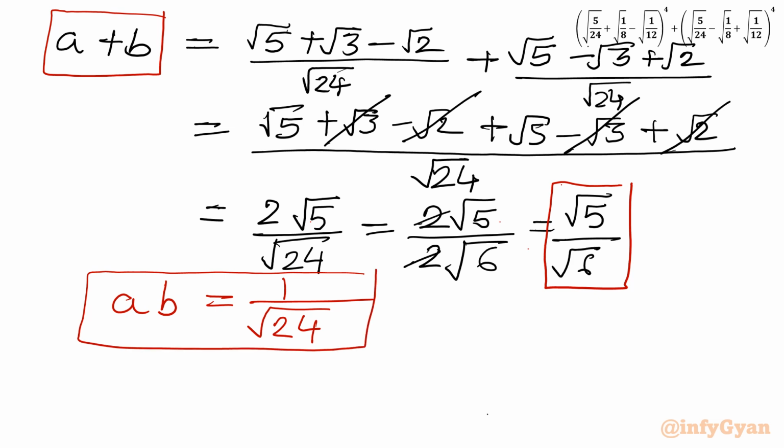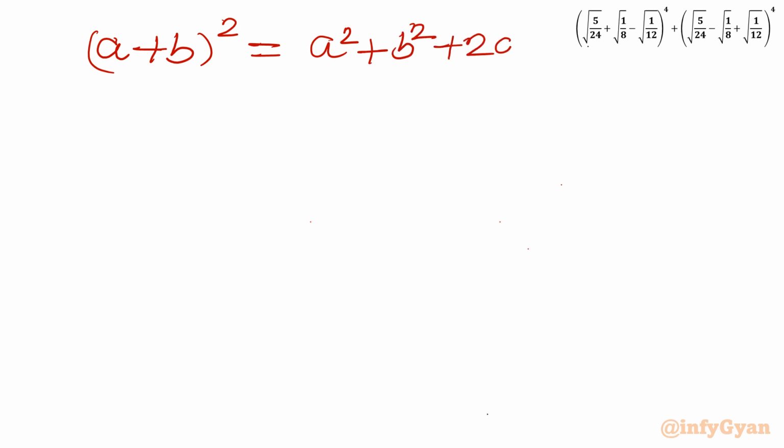Now we have to evaluate our expression a power 4 plus b power 4. Let us calculate. I will write one algebraic identity, a plus b whole square, so it is a square plus b square plus 2ab. So from here I can calculate a square plus b square.